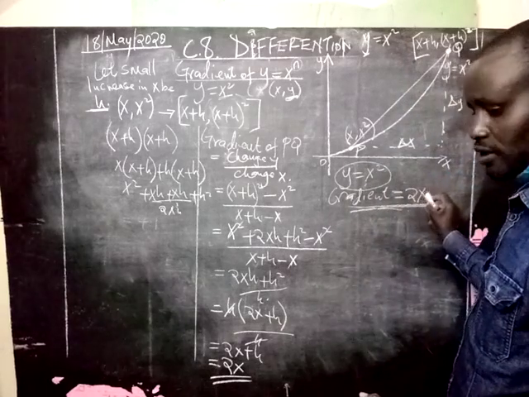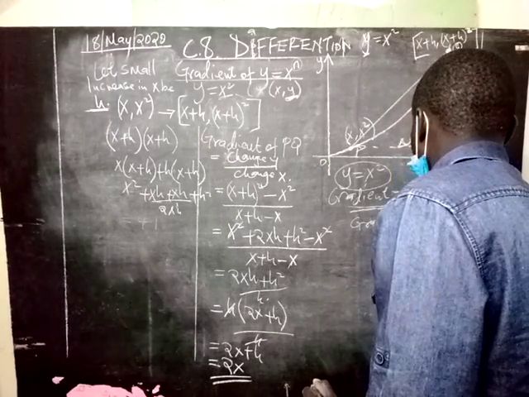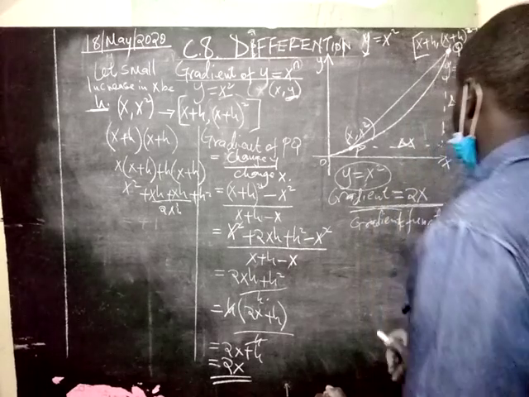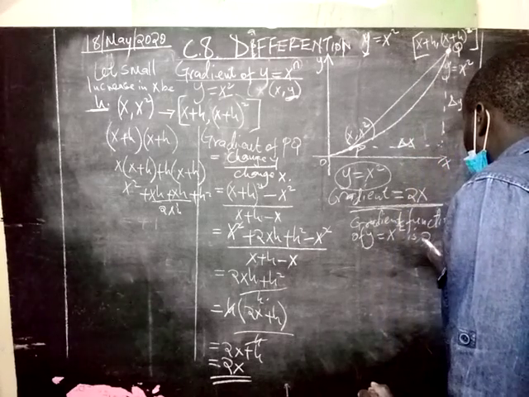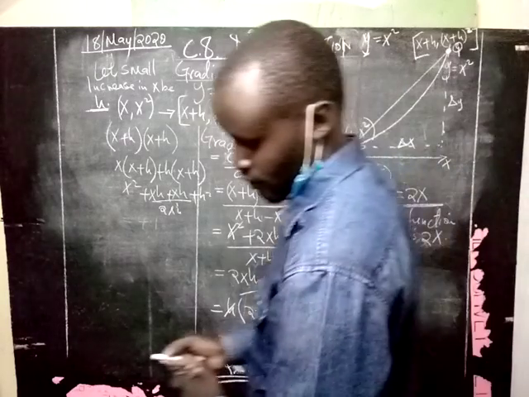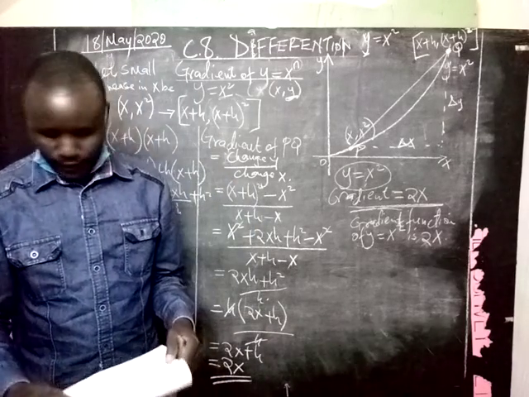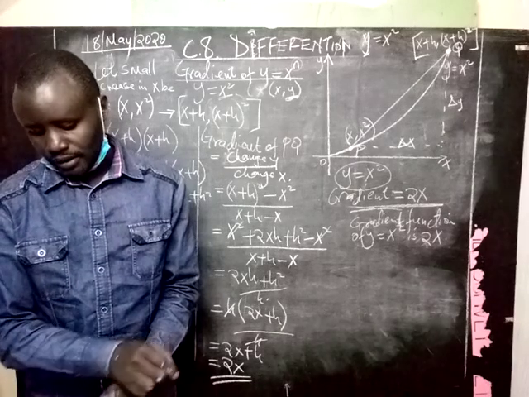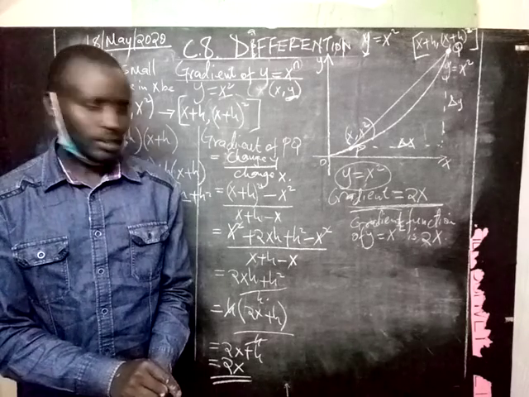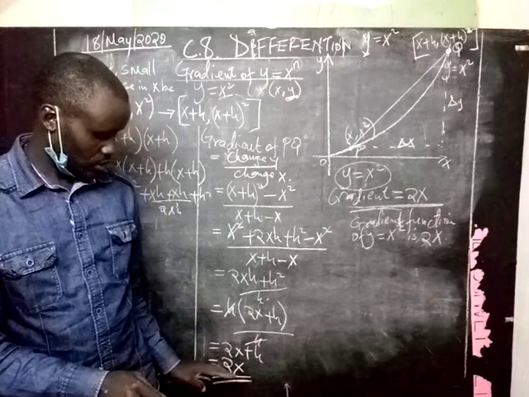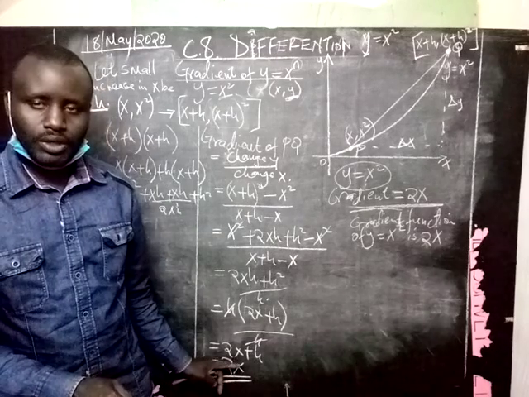So we say the gradient function of y equals x raised to 2 is 2x. It's also known as the derivative function, or the derived function. So those are the terms. Remember that we ignored h. We have our derivative, or derived function, as 2x.